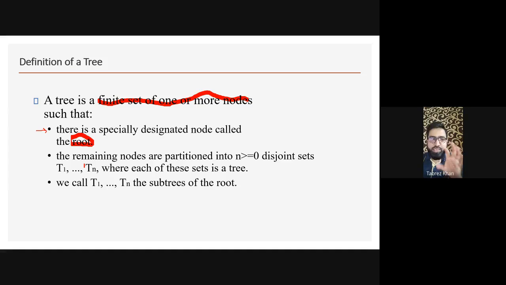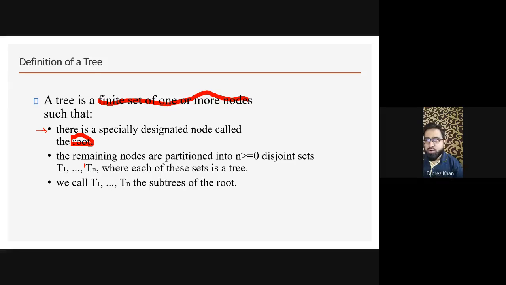Now one node is designated as a root. If you have four nodes in your tree, one node is designated as a root, so the remaining nodes are three nodes. If you have 1000 nodes in a tree, one node is designated as the root node, and then the remaining 999 nodes. Okay, likewise.